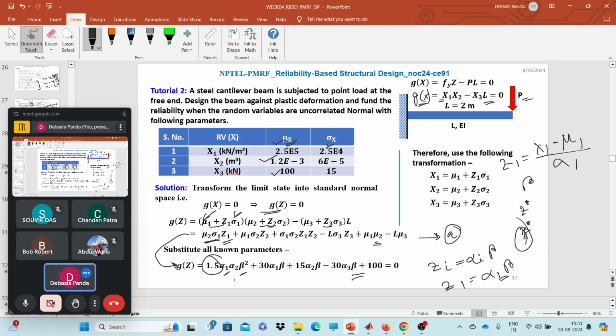I just simplified the equation and put in the mean and standard deviation values. After simplifying, you will get this equation.